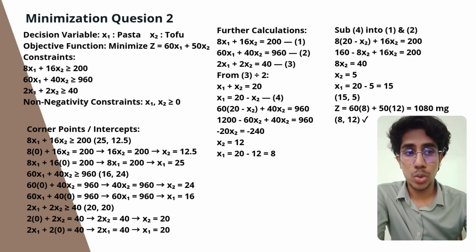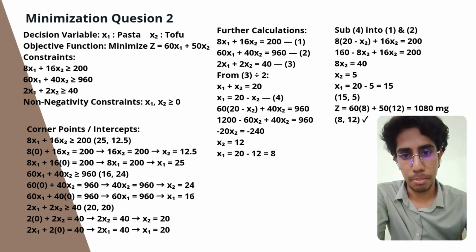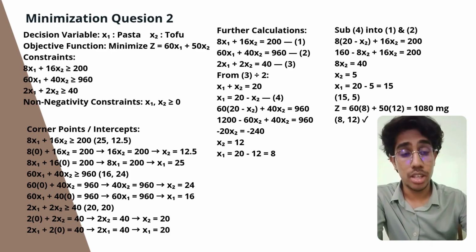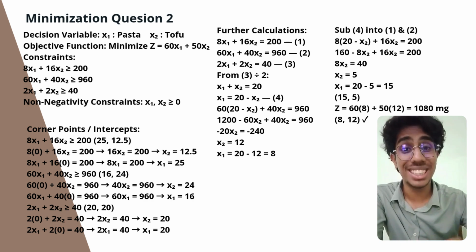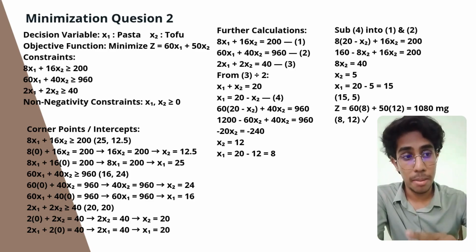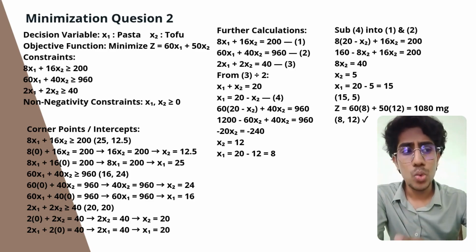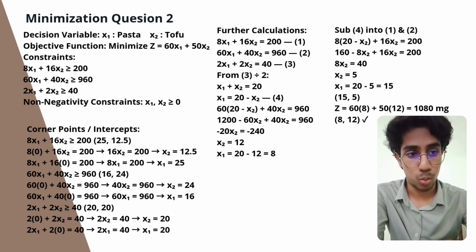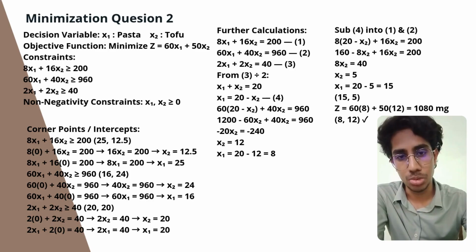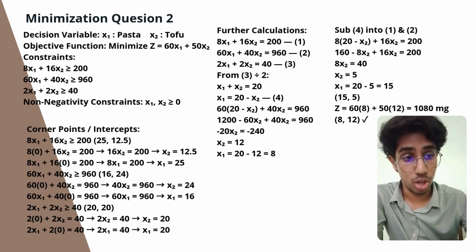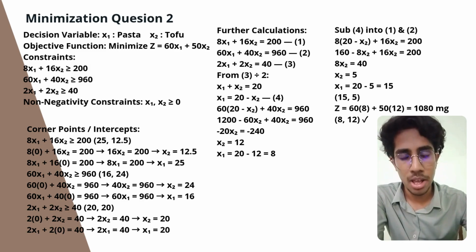For minimization question 2, we are looking at pasta as x1 and tofu as x2. The goal is to minimize z, where z equals 60x1 plus 50x2. We have three constraints here, including 8x1 plus 16x2 more than or equal to 200, and 2x1 plus 2x2 more than or equal to 40.